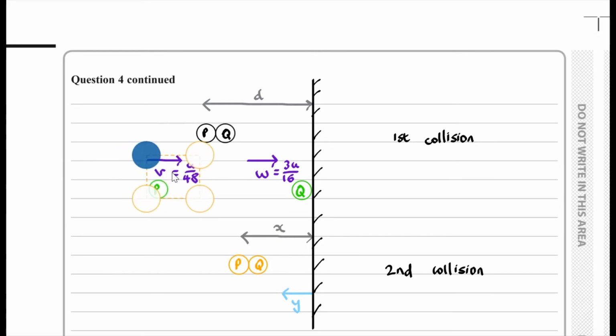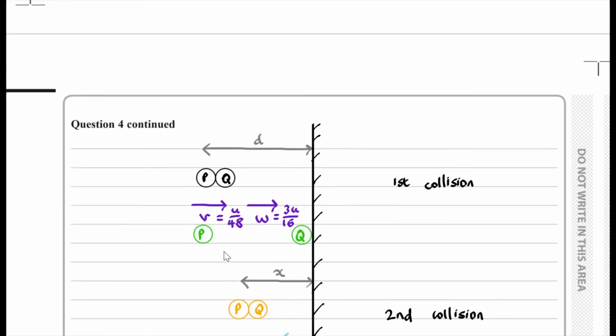This should be over here somewhere. Okay, we've not been told that P moves or anything, so Q goes to the wall, and then after that they go and collide again together.